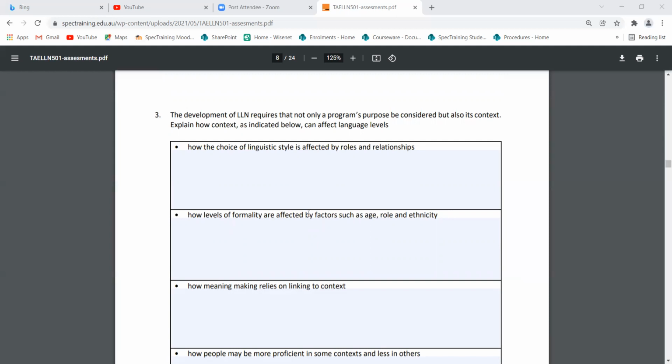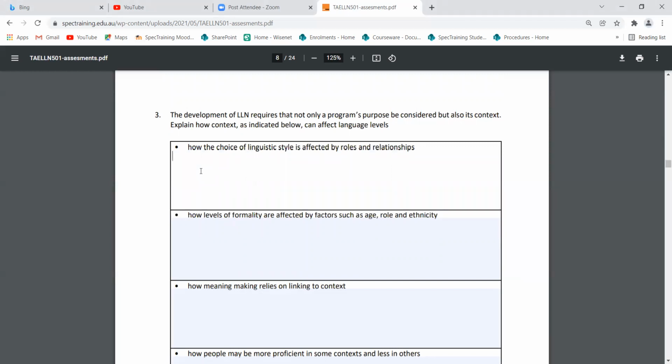If you were training someone up to be effective in the workplace, what kind of linguistic style would be required for that role? Just pop in a couple of examples and counter examples, so to speak.